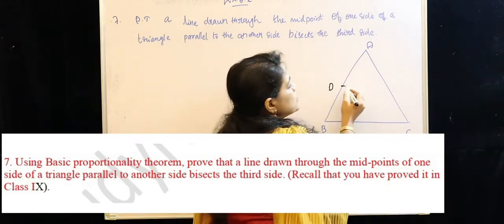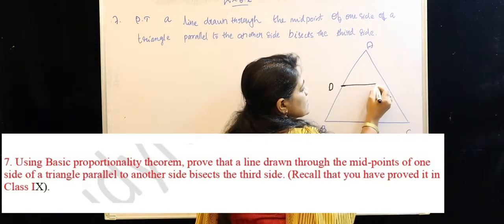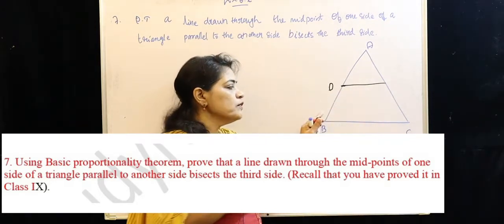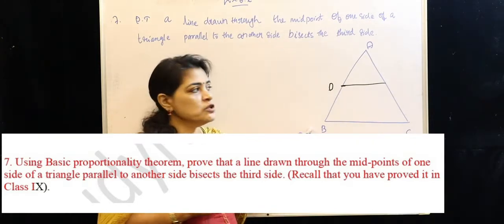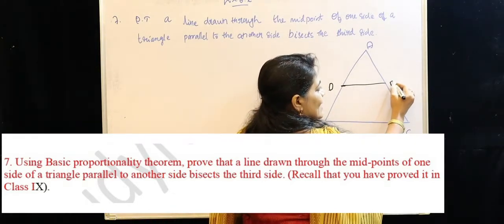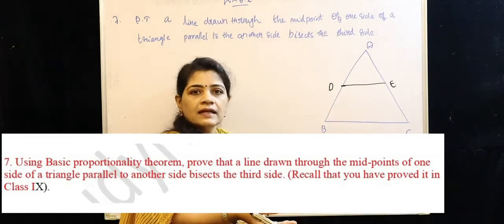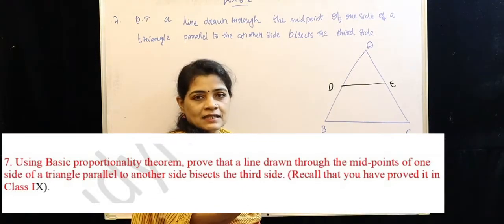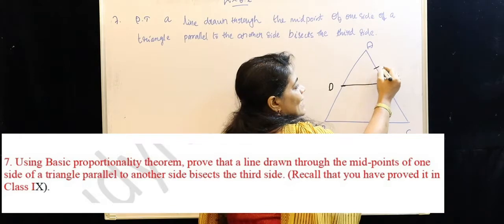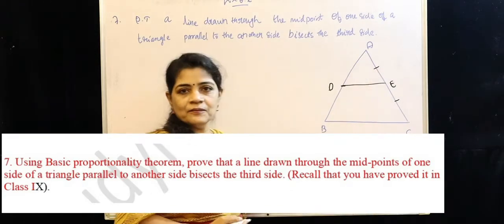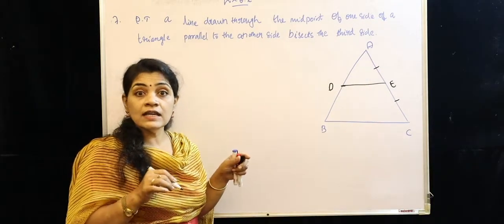That means if you draw a line parallel to BC from the midpoint of the side AB, this line DE bisects the third side AC. That means we have to show that AE equal to EC. So what is given?